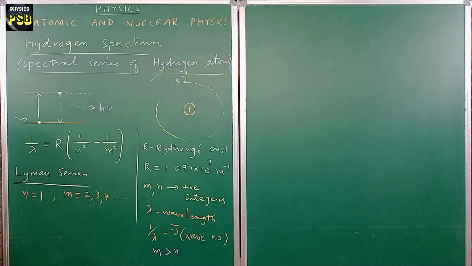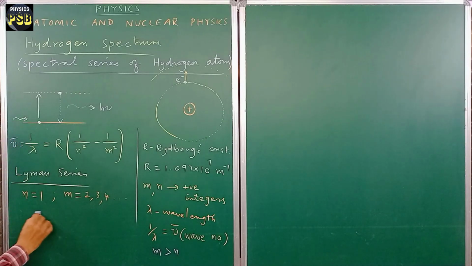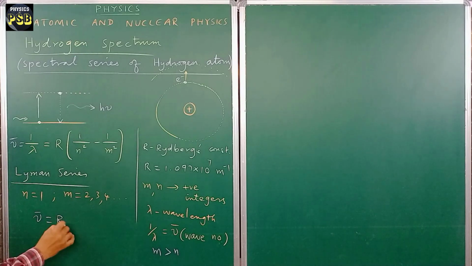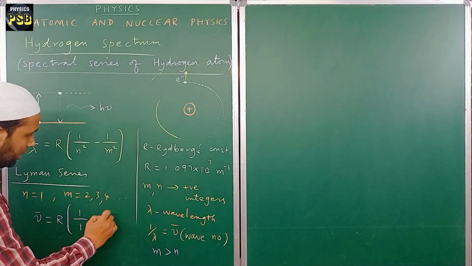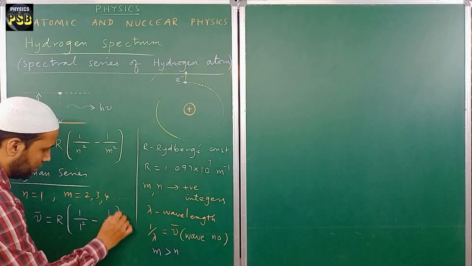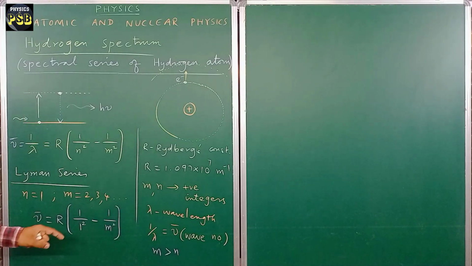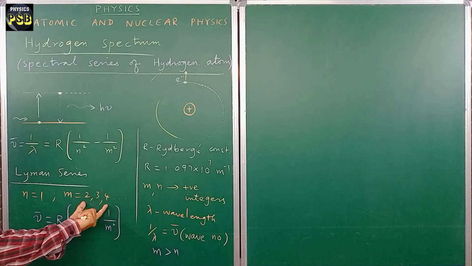So if I substitute the values of m and n in the above equation, what do I get? I get 1 upon lambda, which is nothing but the wave number, equal to R multiplied by, in the place of n, I write 1. The square of 1 is 1. Minus 1 upon m square. Here I do not substitute a value of m in this equation because it has multiple values.